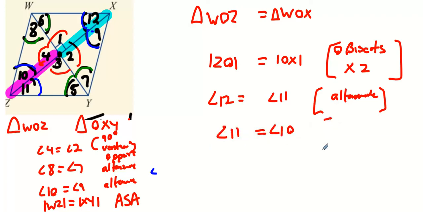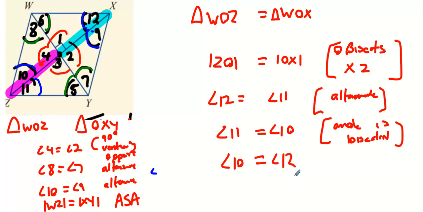Why? Angle is bisected, isn't it? We said it earlier, didn't we? And what do we have then? We now know, therefore, angle 10 must equal angle 12. That makes sense? Angle 10 belongs to WOZ, angle 12 belongs to WOX.